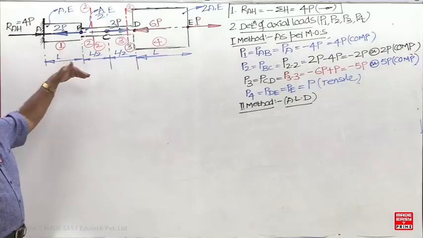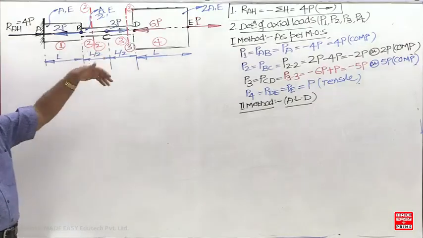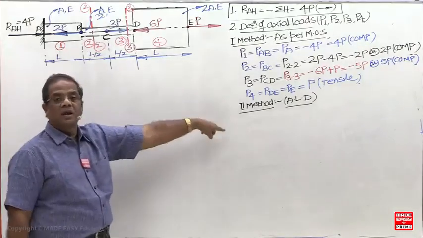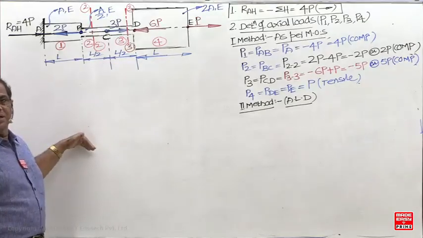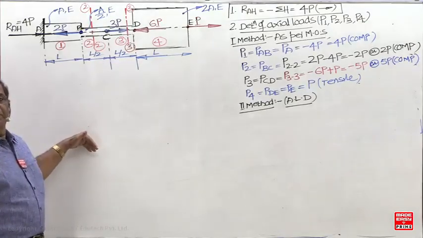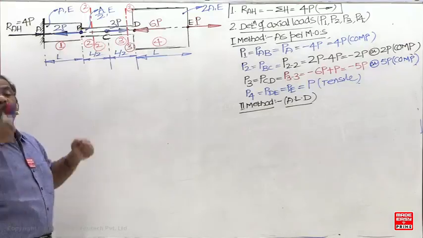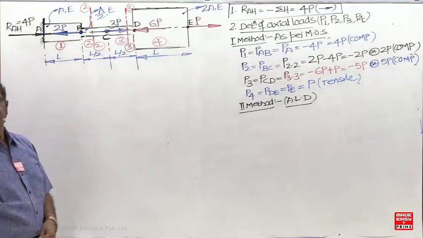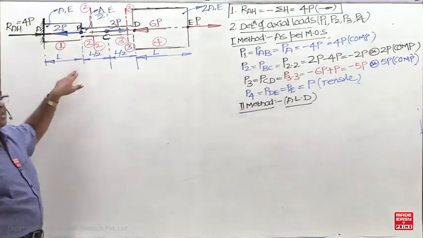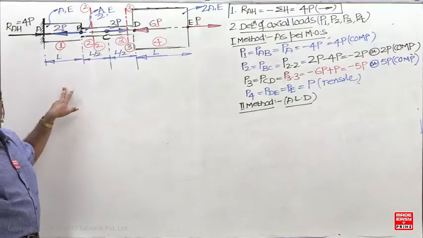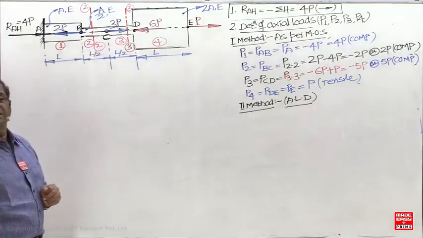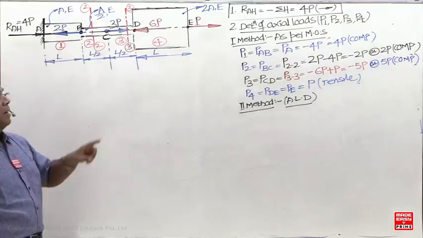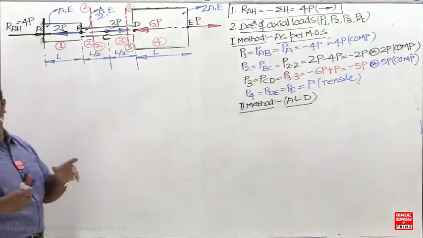Some students draw the bar on one page and do all the calculations below the bar. Then when the page is full, they draw the loading diagram on a second page. Always draw the loading diagram below the member. Loading diagram on one page and member on another page has no meaning.